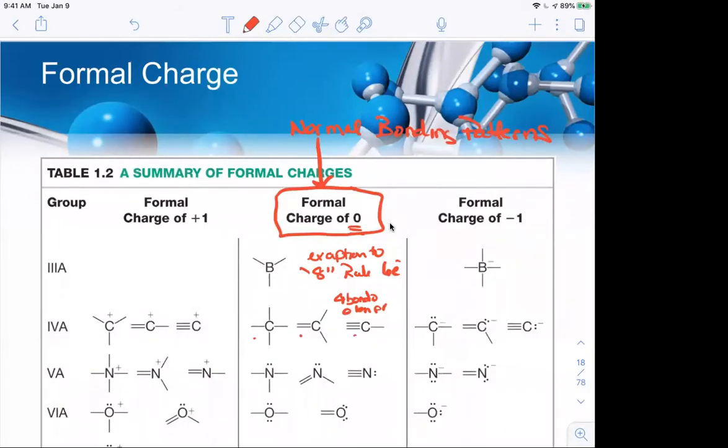Nitrogen likes to form 3 bonds, 1 lone pair, and then oxygen likes to form 2 bonds with 2 lone pair. Nitrogen can be single, double, and triple bonds. Oxygen can be single and double. So those are my common normal bonding patterns, and that generally gives my central atom a formal charge of 0.